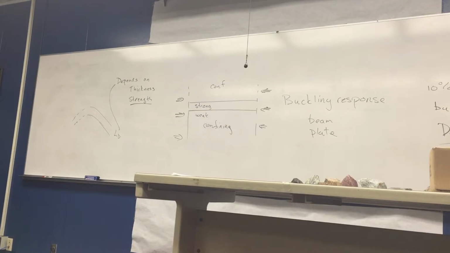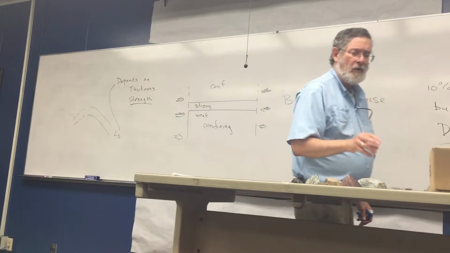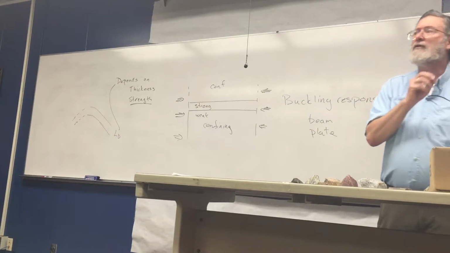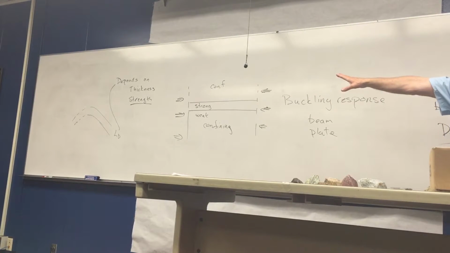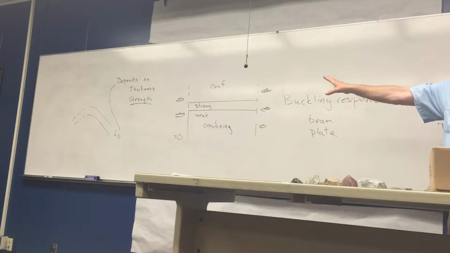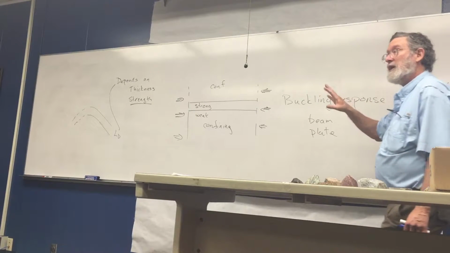But we have a problem with our model, because we know that we find folds on all scales. If life were this simple, we would only find a few scales of folds. We would not find folds necessarily in metamorphic rocks.